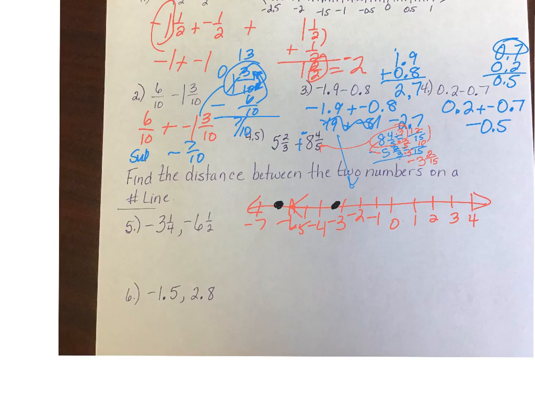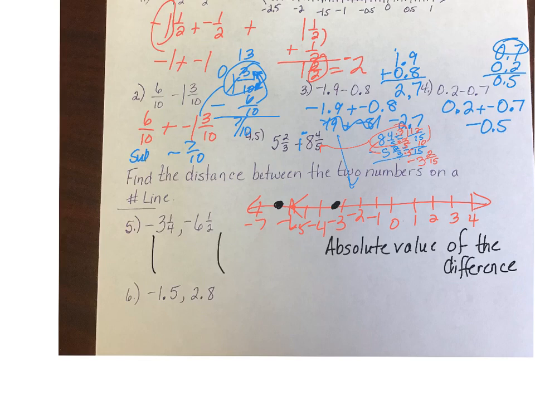Well, how would you get that? Well, what you're going to do is you're going to find the absolute value of the difference. Difference means to subtract them. Okay, very important. So I'm going to put the absolute value, and it doesn't really matter which one I put first.